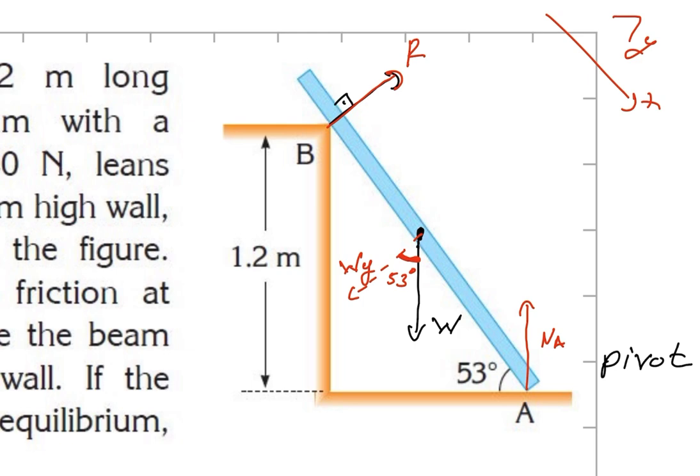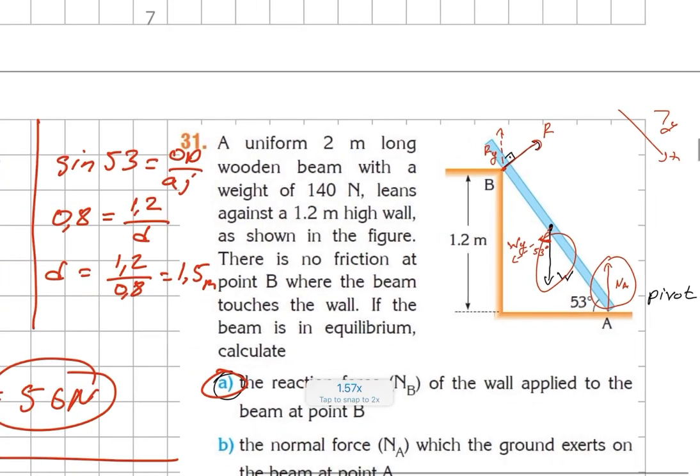So we have the normal A itself, the vertical force, and we have the weight, and we have this one, RY, like the reaction force at point B. So the three forces in combination, the sum of them, must be equal to 0.